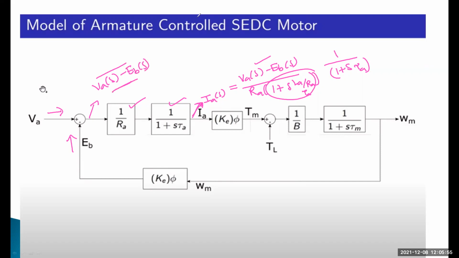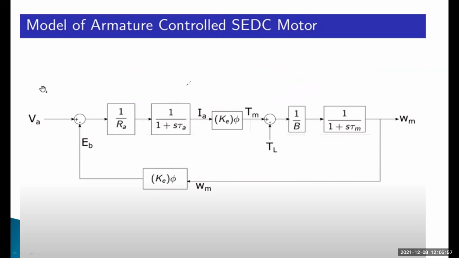Then the total expression is IA of S is equal to VA of S minus EB of S. VA of S comes from here, and EB of S comes from here, and VA of S minus EB of S is the negative feedback. That's why VA of S and EB of S are in the numerator.